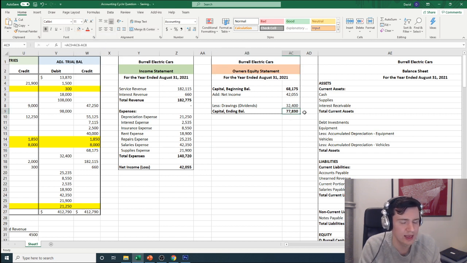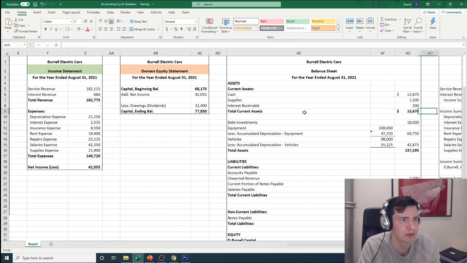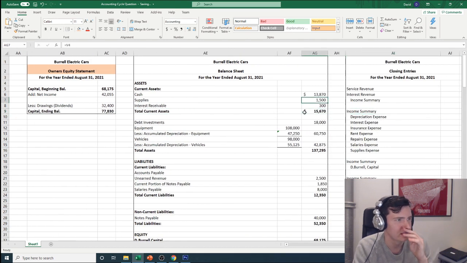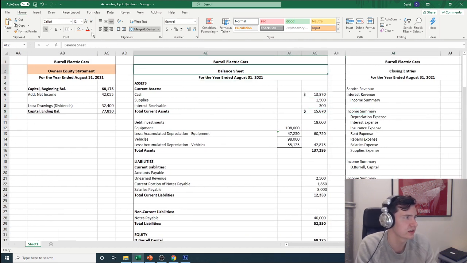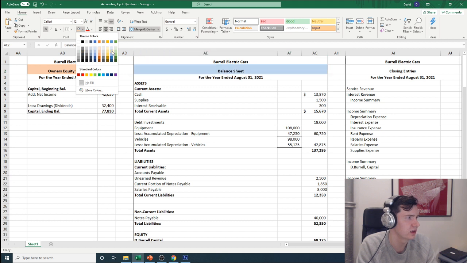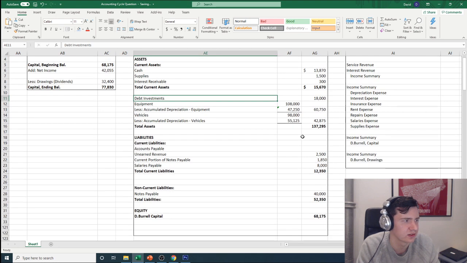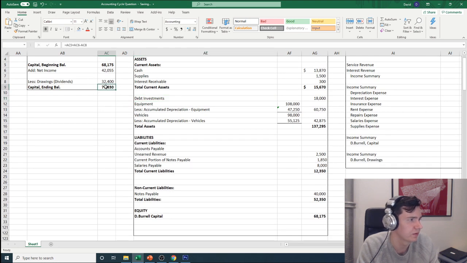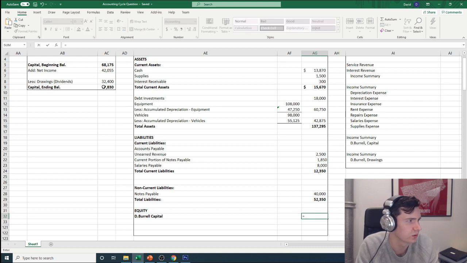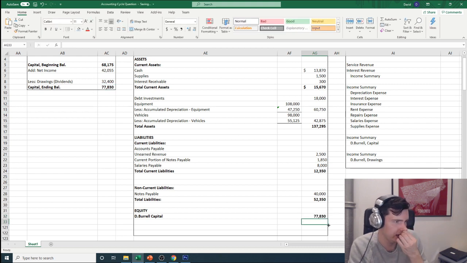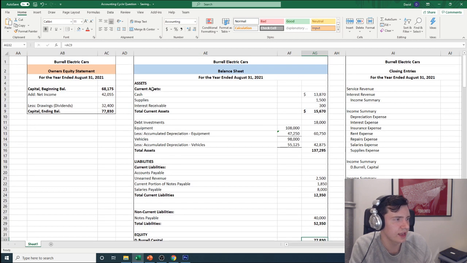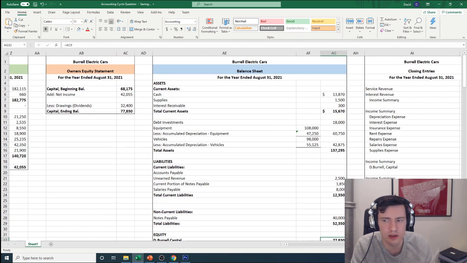And then how does this one connect with the balance sheet? Well, the balance sheet uses the ending balance in the retained earnings account. So the $77,830 is going to appear there.